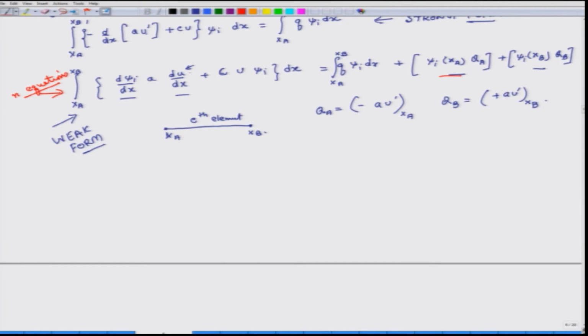So, now what we will do is we will replace u by the sum of uj psi j of x, and because it is for the eth element I have these superscripts e.